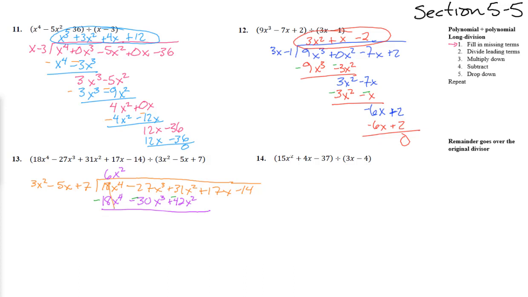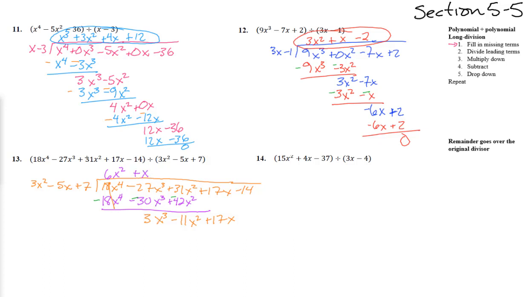This column is gone. Negative 27 minus a minus 30 is a positive 3x cubed. 31x squared minus 42x squared is negative 11x squared. Then drop down the 17x. Good deal. Okay, 3x squared goes into 3x cubed. 3 into 3 is 1, and then x squared going into x cubed is x times.